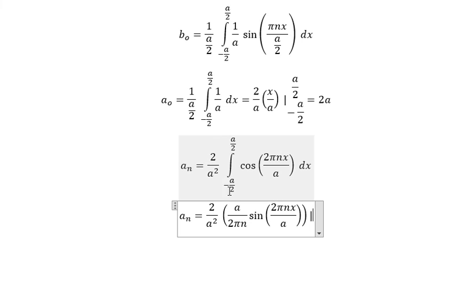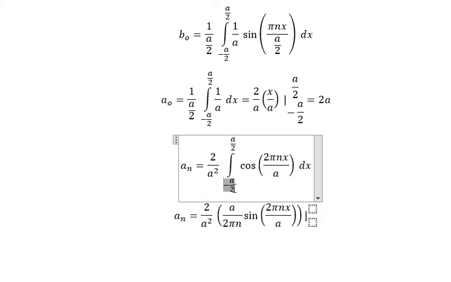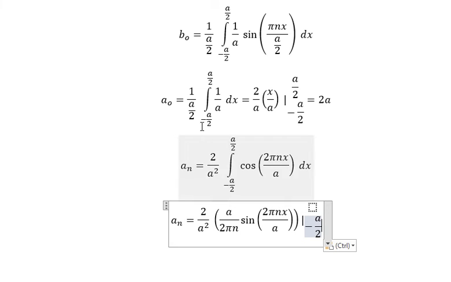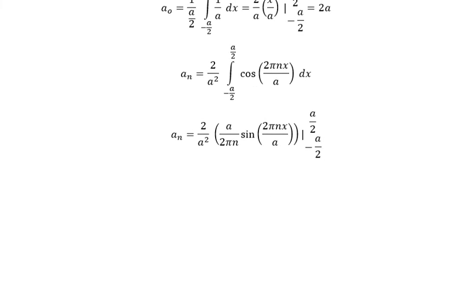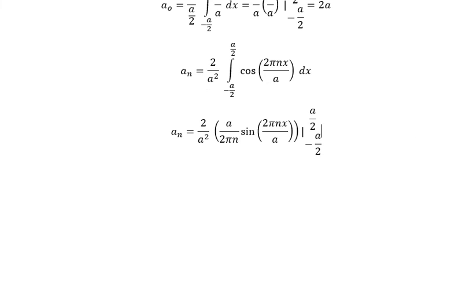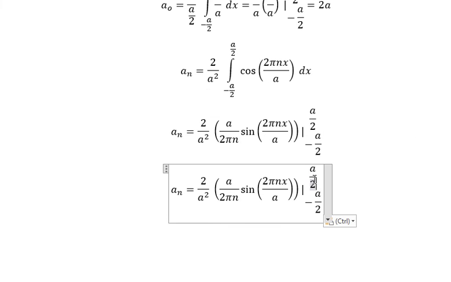Now we need to put the bound from negative a over 2 to positive a over 2. So this one I will put in here, and negative a over 2 I will put in here.